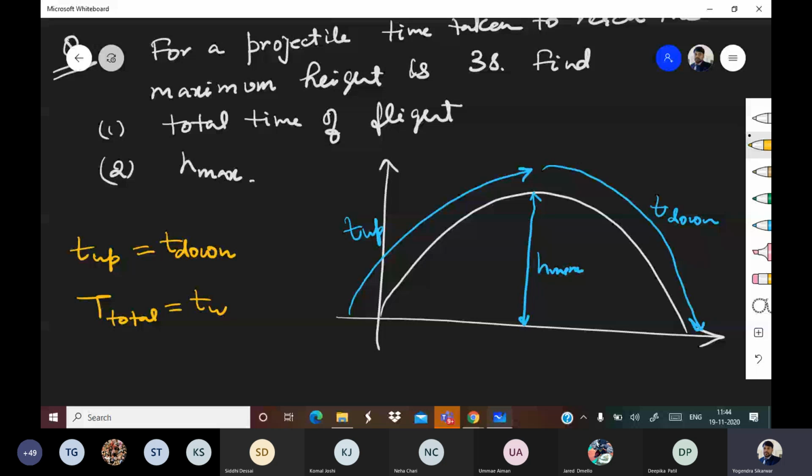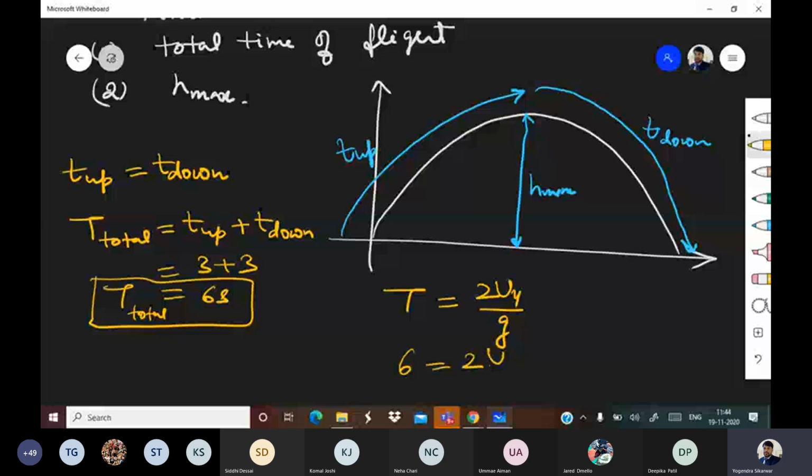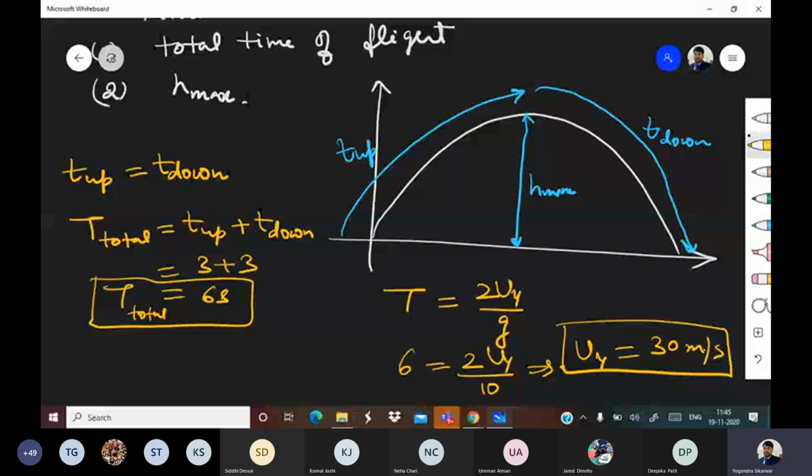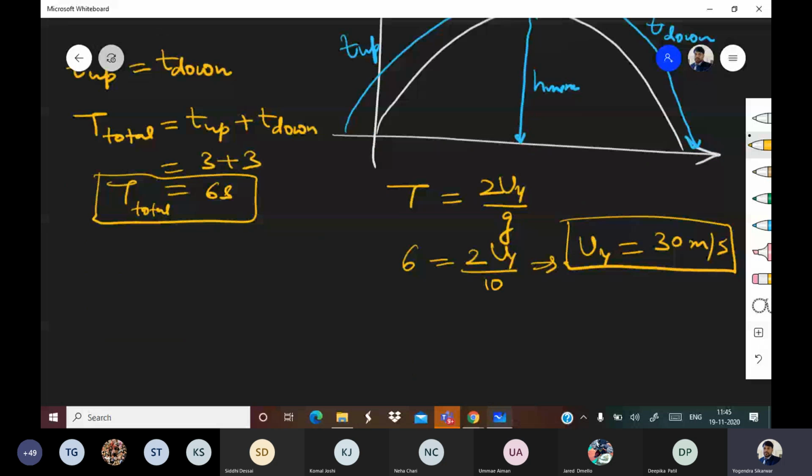Now let us move further. T total is 2uy by g, and that gives us 6 is equal to 2 into uy by 10. This gives us uy is equal to 60 by 2, which is 30 meter per second. Using that we can calculate h max is equal to uy square upon 2g.